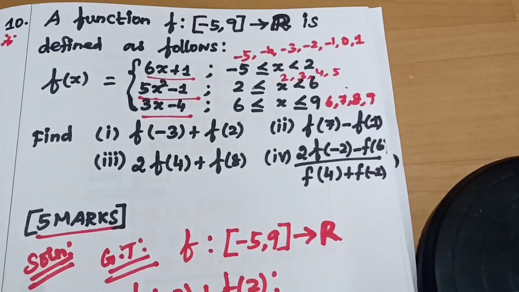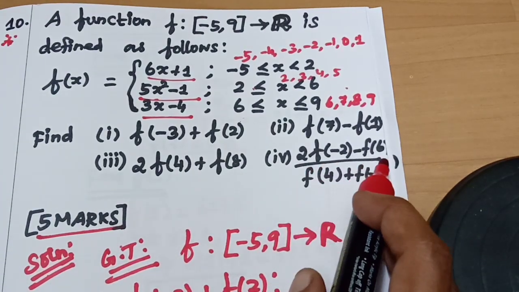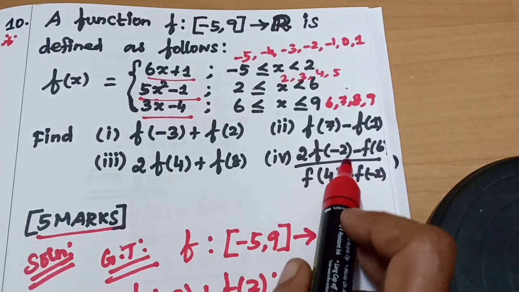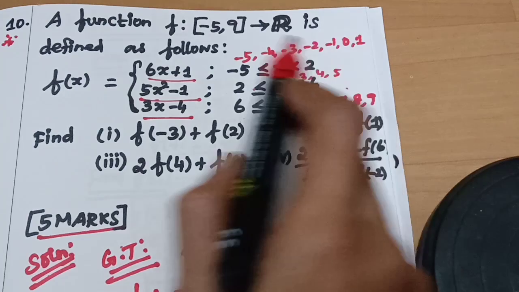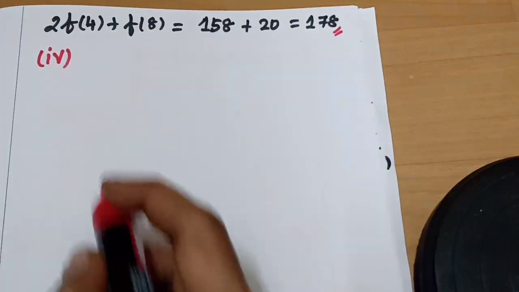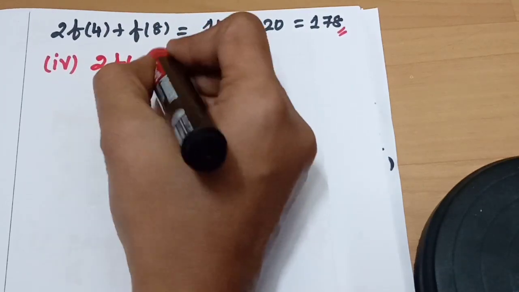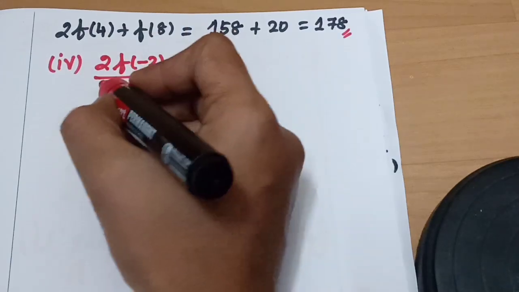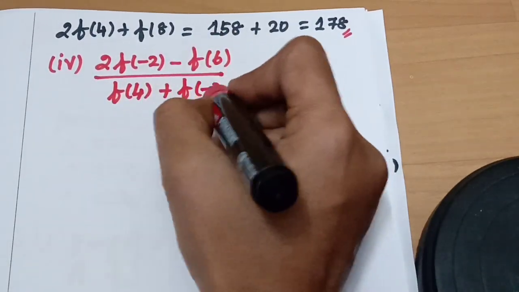See that question. Fourth subdivision. 2 into f of minus 2 minus f of 6, whole divided by f of 4 plus f of minus 2.